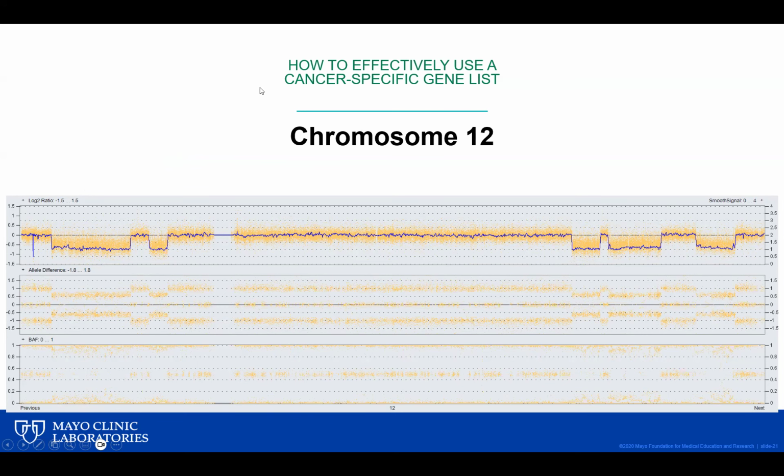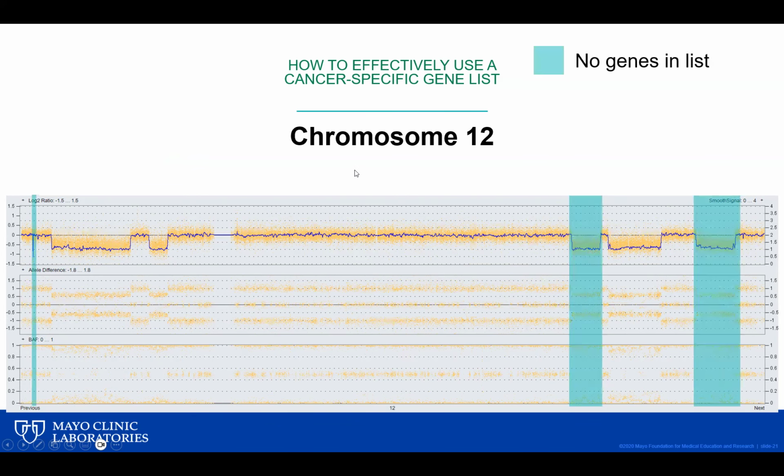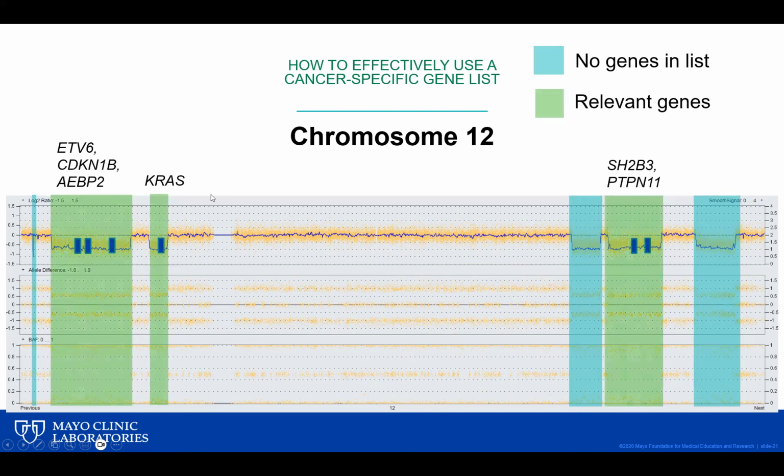And then we also had a number of alterations on chromosome 12. If we look here, there are some deletions that have no genes on the gene list, but we do have several deletions that contain genes on our myeloid gene list in these regions.